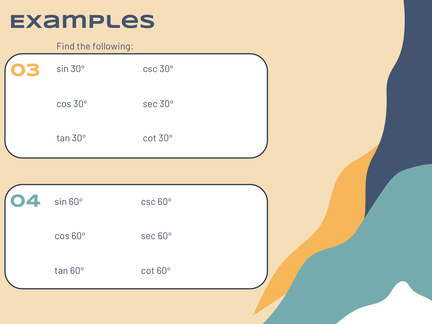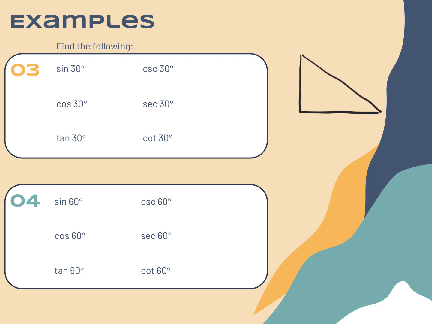Okay, so here it says to find the following. And again, we're doing this without a calculator. We're going to leave our answers in simplest radical form and as a simplified fraction. So what I'm going to do here is use my special right triangles. For the first box, example 3, I'm going to draw my special right triangle here.